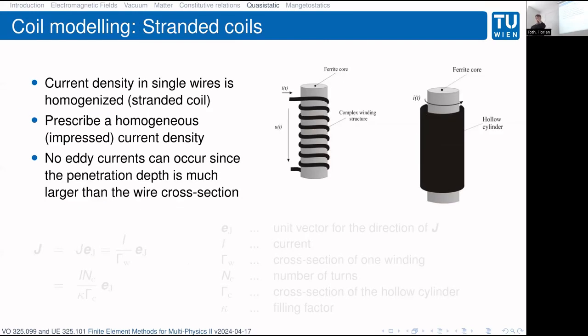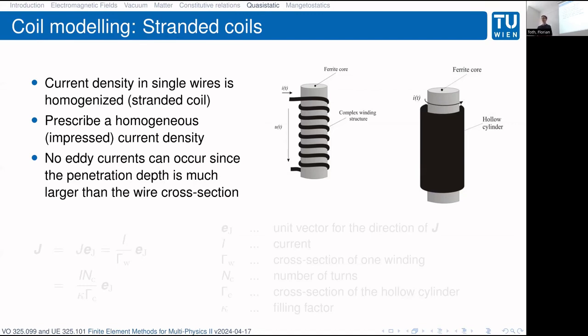Good. How can you model current density? If you have a coil, in practice, of course, a coil is made up of a lot of windings, but these are difficult to model in detail. So what one usually does is use so-called stranded coils, where you homogenize the current density in all the windings and say, okay, we have a constant current density over this whole region.